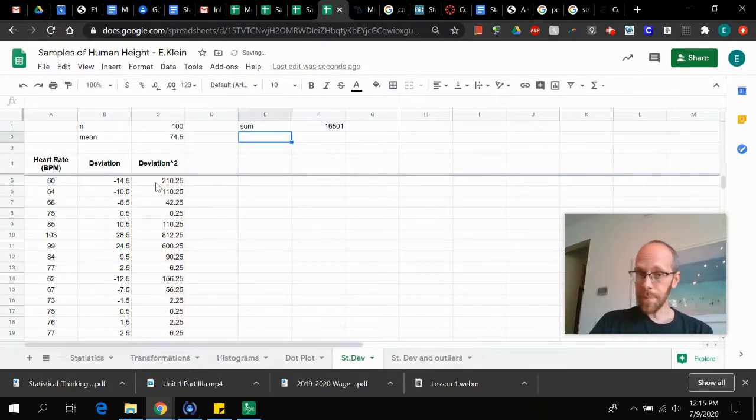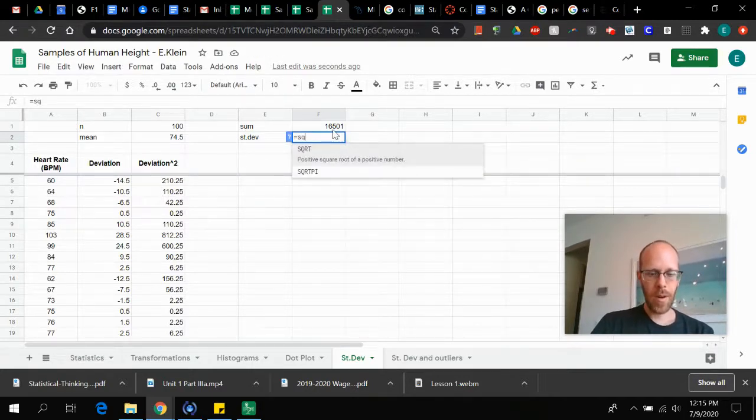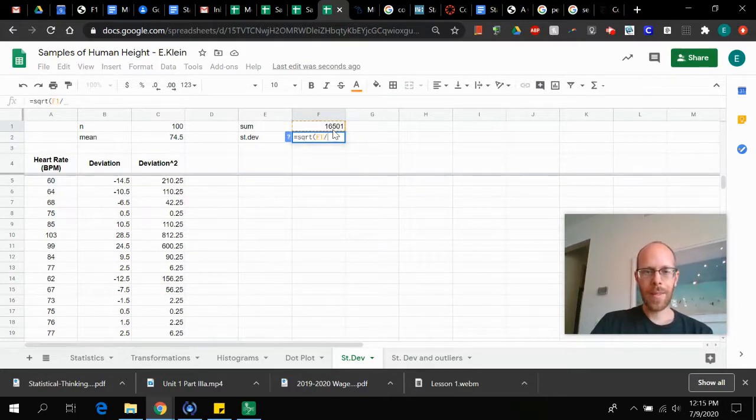So there's our sum. Now finally, to get our standard deviation, which I'm going to abbreviate this way, what I need to do is take the square root, the formula for that is SQRT, of the sum divided by n minus 1.